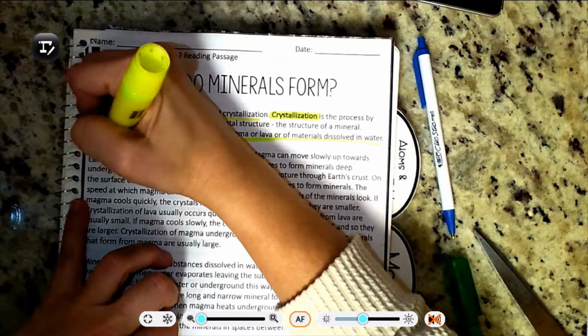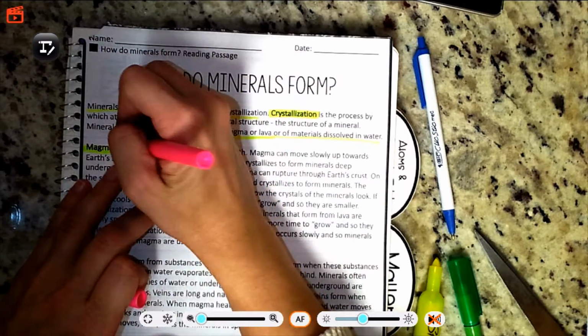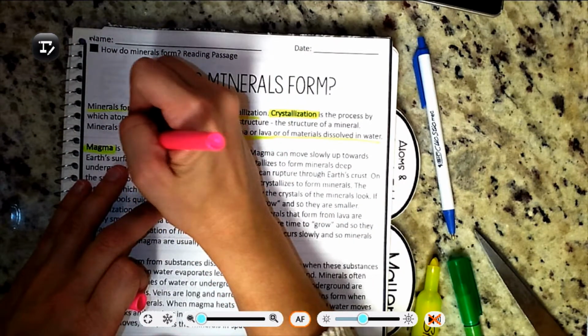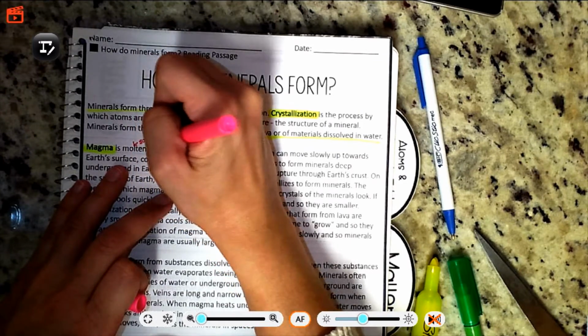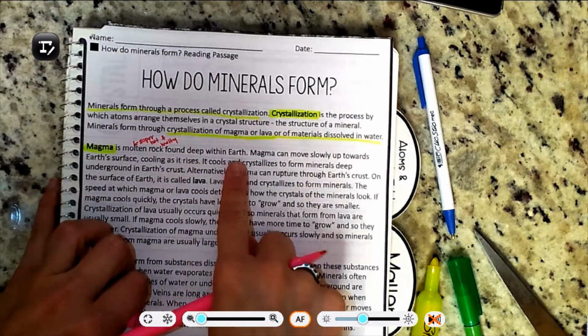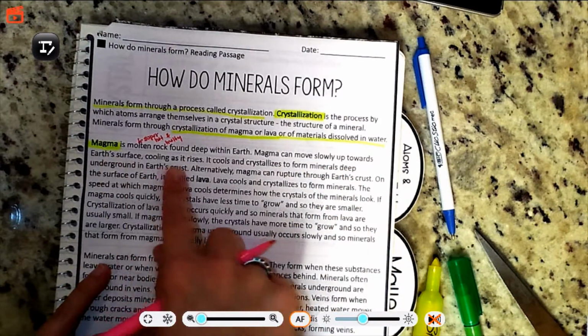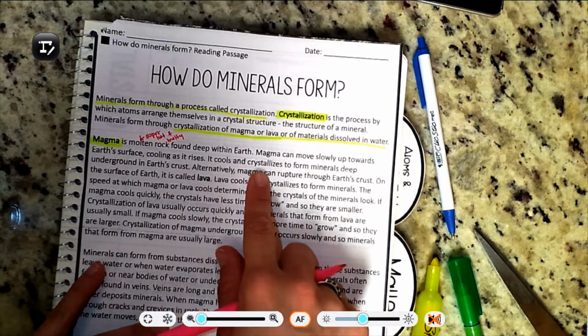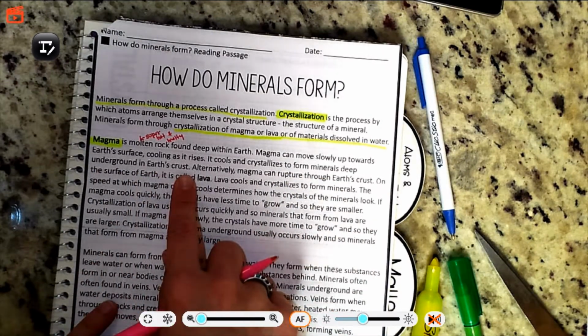So magma is molten. So molten means super hot, melty. Rock found deep within Earth. Magma can move slowly up towards Earth's surface, cooling as it rises. It cools and crystallizes to form minerals deep underground in Earth's crust.